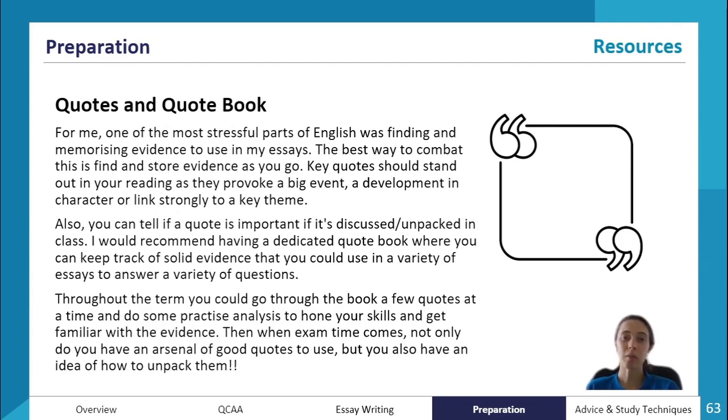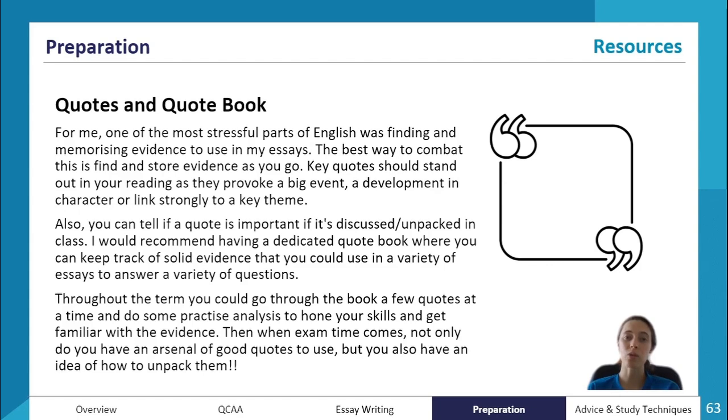Okay, so having some kind of bank of quotes is something that I cannot recommend enough. This is something that I did myself in Year 12 to prepare for my external exam. I had a quote bank with themes across the top and a column down one side with the different quotes.